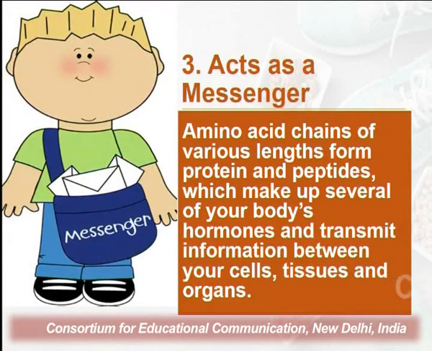So the third one is act as a messenger. Amino acid chains of various lengths form proteins and peptides, which make up several of your body's hormones and transmit information between your cells, tissues and organs.